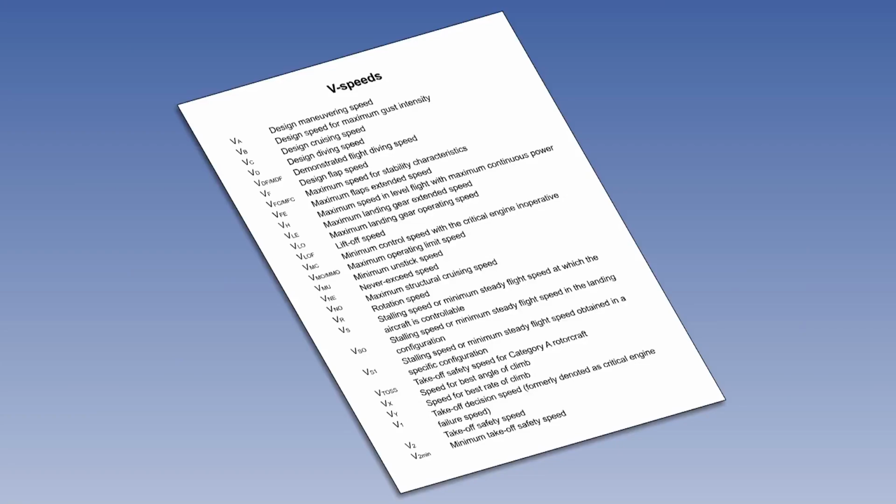Certain operating or limiting speeds that are significant in the operation of an aeroplane are given abbreviations for easy reference, known collectively as V-speeds. There are many of them covering the entire flight envelope. For example, VS, stalling speed, VR, rotate speed, and VY, best rate of climb speed.